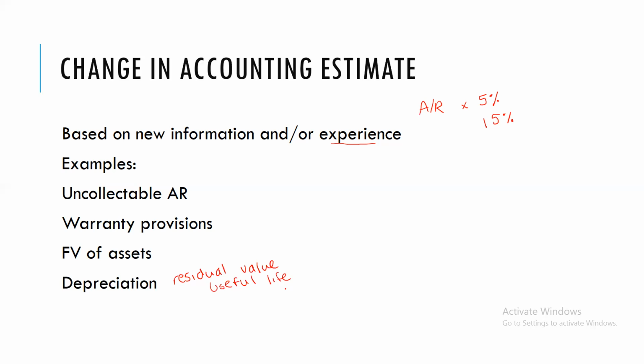And your depreciation method is actually also an estimate change. So whether you're going to do straight line, right? So your depreciation method is whether you're going to do straight line or double declining.